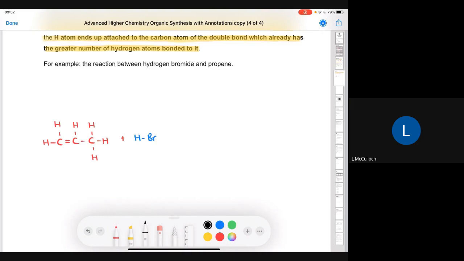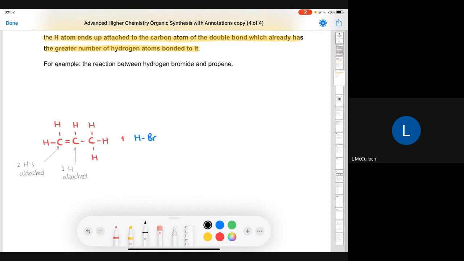So if we look at propene, we can see that this carbon on the left here already has two hydrogens attached. And this one in the middle has one hydrogen attached.